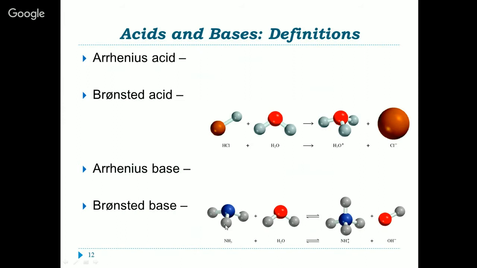I can see that I started with 3 hydrogens, I've ended with 4, which means that ammonia accepted a proton. Water then lost the proton because it donated it to the ammonia. The result of losing the proton leaves water with only an O and an H and a negative charge. So ammonia is my base. Water here is my acid.